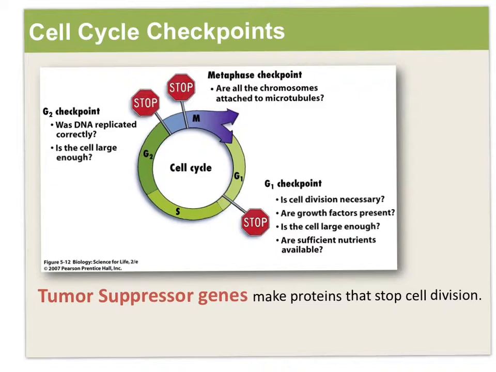Are growth factors present? When the cell divides, making copies of the cell, you're actually making cells that are growing. Let's say during development, you start with a zygote and it starts dividing. It differentiates depending on which genes are turned on and which genes are turned off and how much they're turned on.